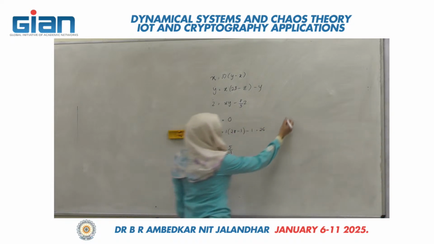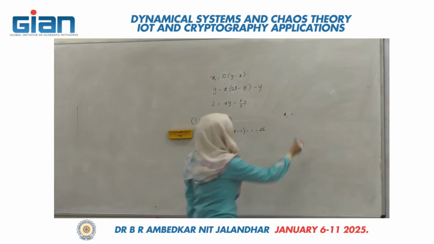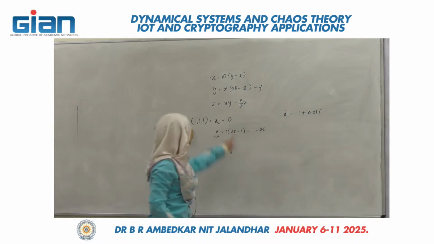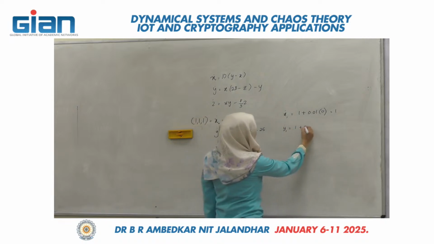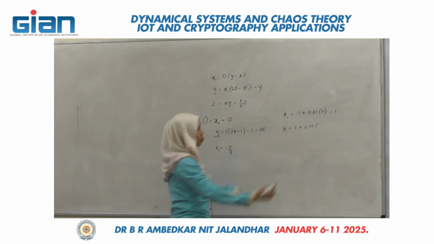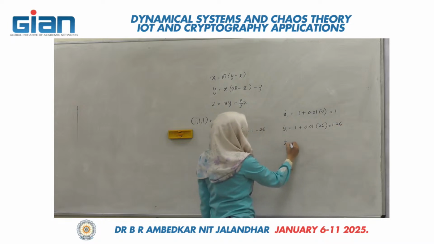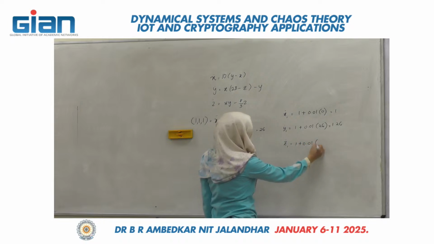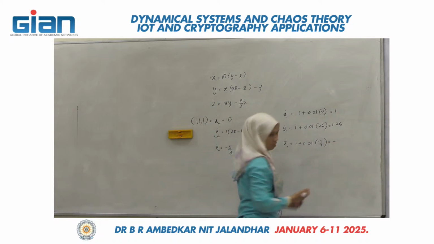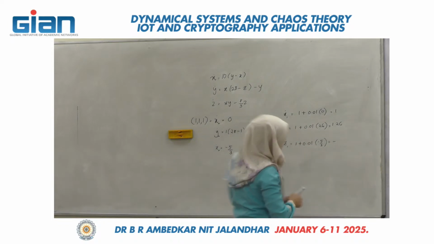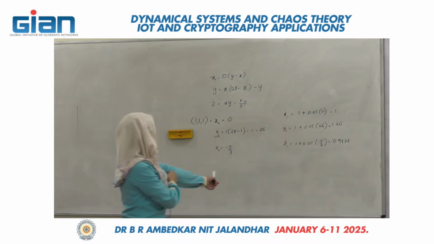Let's say this one is x0. So we will have x1 equal to 1 plus 0.01 times 0, so we get 1. Then y1 is 1 plus 0.01 times 26, which gives 1.26. And z1 is 1 plus 0.01 times minus 5/3, which gives 0.9833.